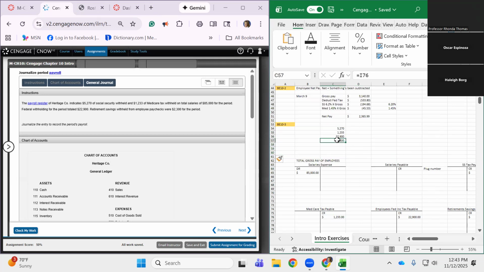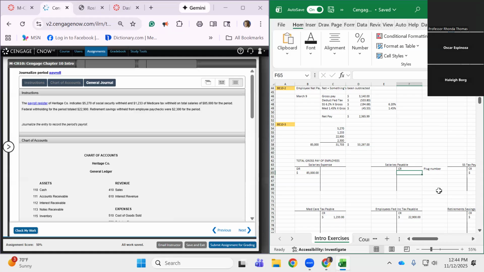When we add these together, we get 31,703. Well, that definitely does not balance with 85,000. So if we have 85,000 here, let's subtract to find out how much this payable will be. This payable is the difference. That's actually the net pay that's going to be set aside for now.